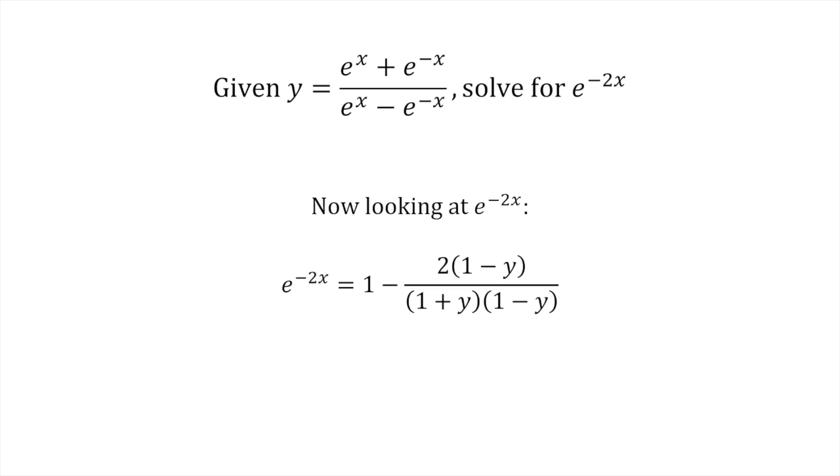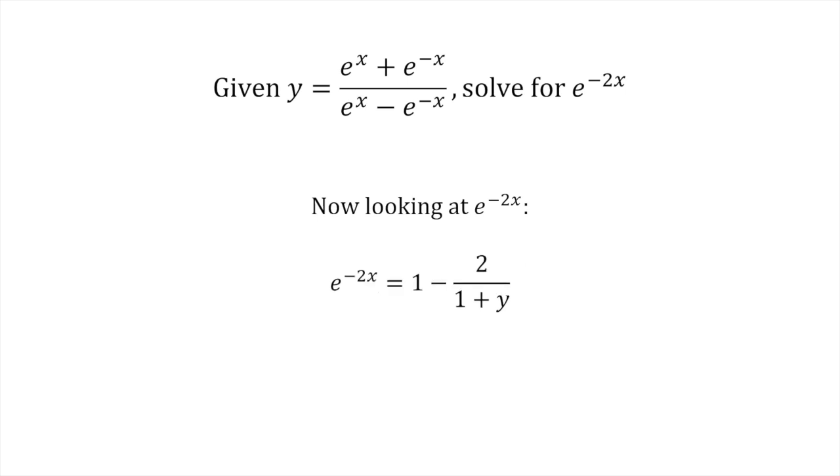And if you want to do a little bit of extra working, in general, you do want to make sure that what you're cancelling can never equal 0, because if it can equal 0, you have some issues. So if you do want to check, you want to make sure that 1 minus y is never equal to 0, feel free. But I will let you know it does not equal 0 at any point. So we're able to just get rid of that.